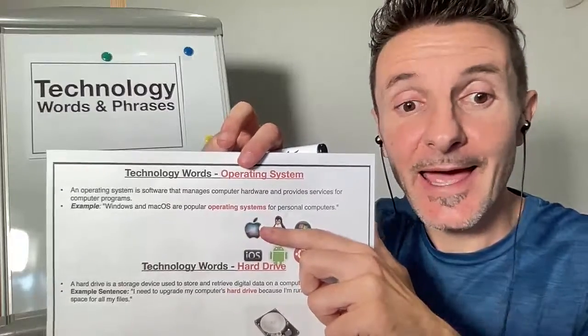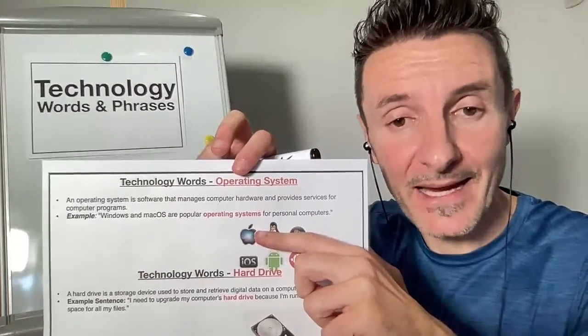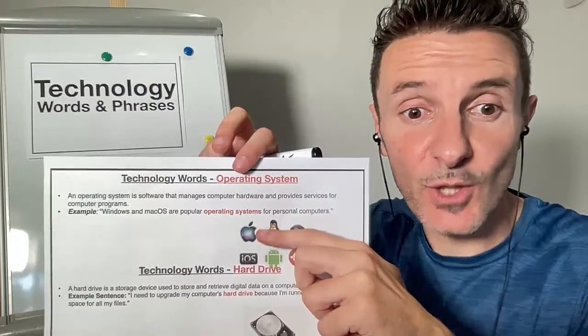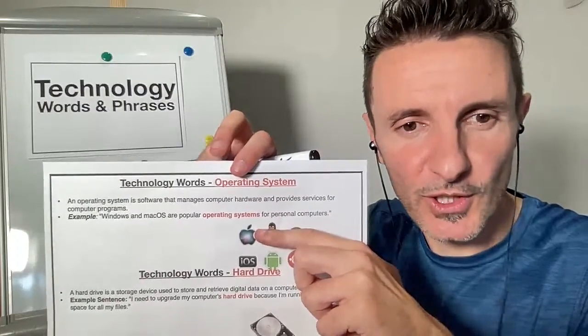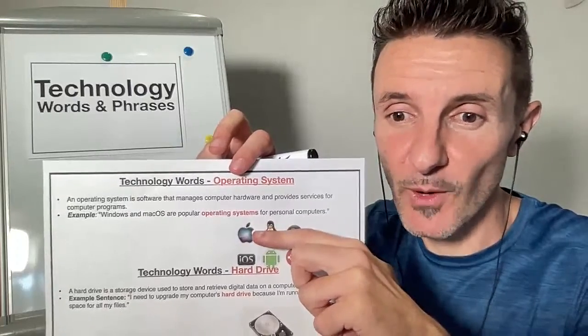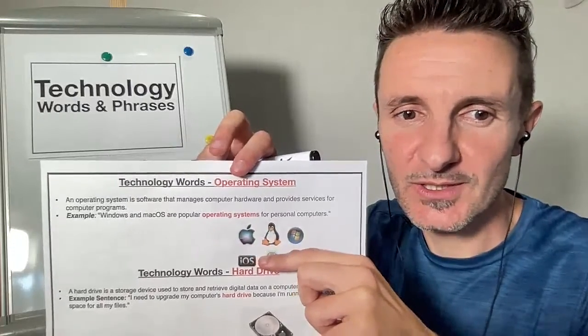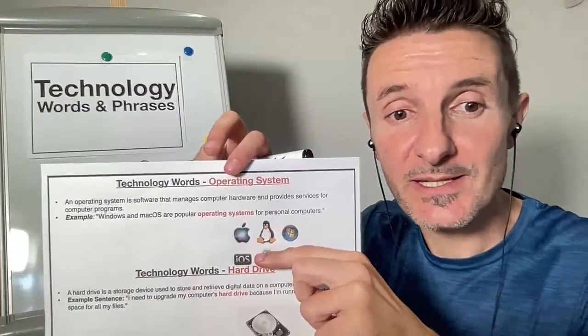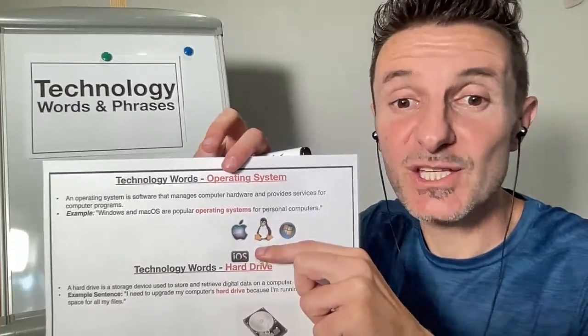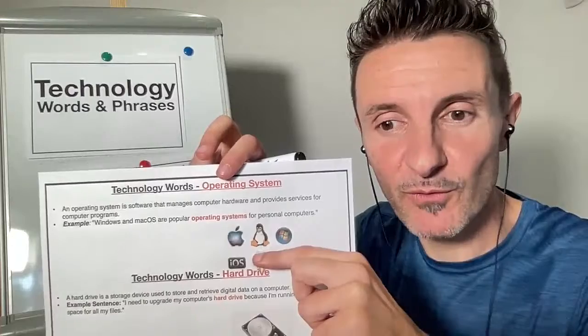This is Apple. If you have a Macintosh computer or an Apple computer, you have to use this operating system for it to work because Apple computers only use Apple software. And this one here is called iOS. This operating system you use with your Apple smartphones.